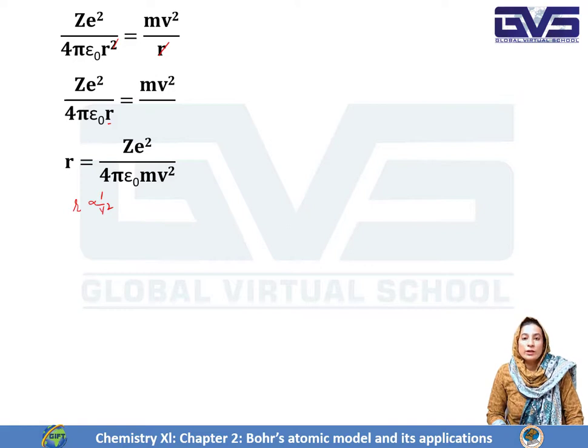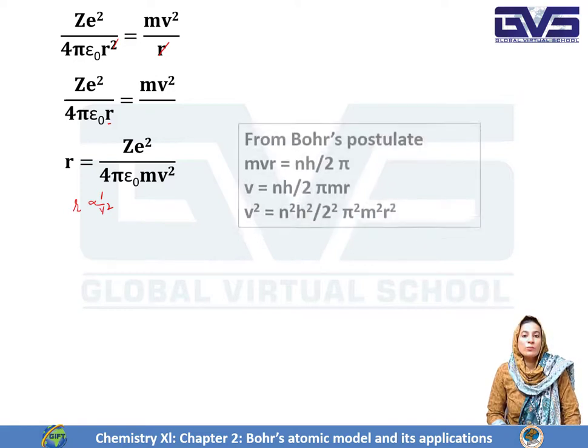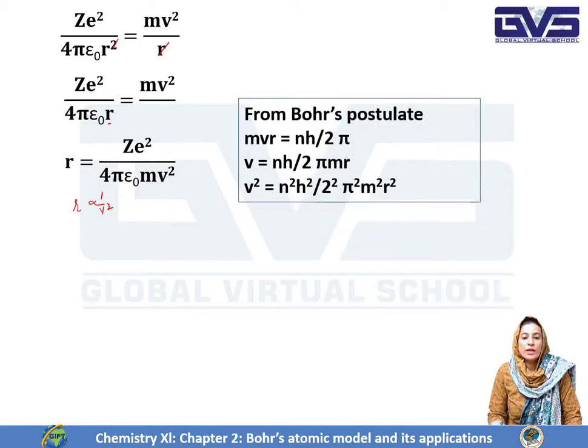And if you recall the last postulate of Bohr's atomic model, that is about angular momentum, mvr equals nh over 2 pi. So taking this v here and taking the mass and radius to the other side of the equation, and then taking the square on both sides, we get v square equals n square h square over 4 pi square m square r square.